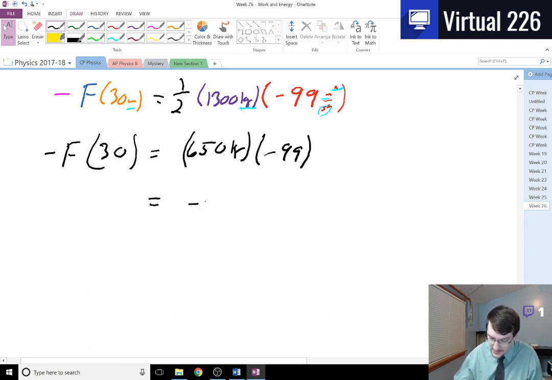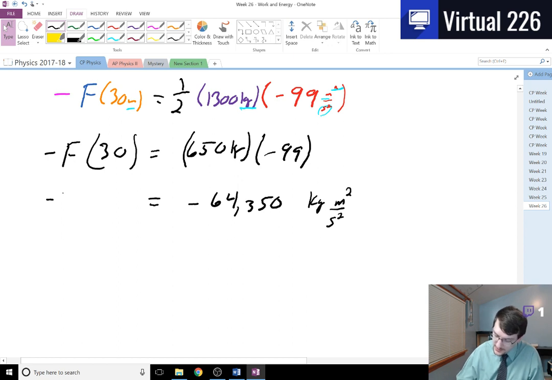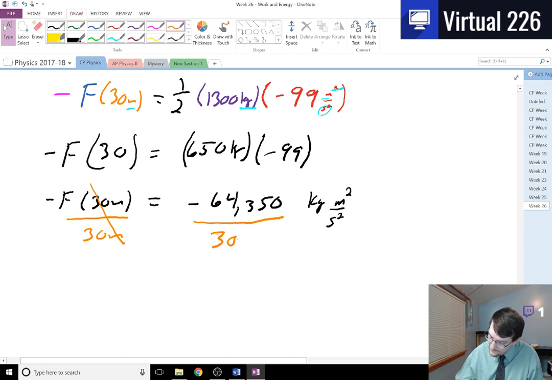It's going to be negative 64,350, and technically my units here are kilogram meter squared per second squared. On the other side, I've got negative F times 30 meters. When I divide by the 30 meters on each side, one of my meters divides out.